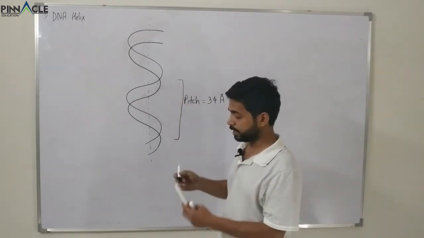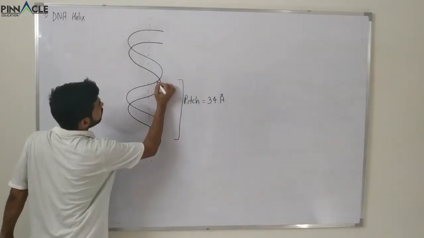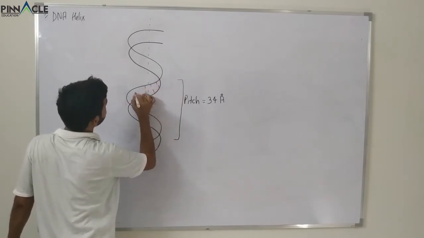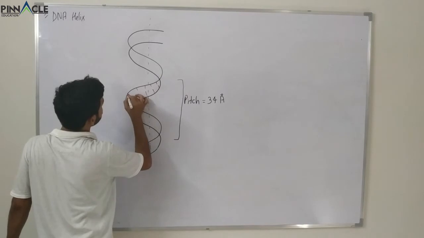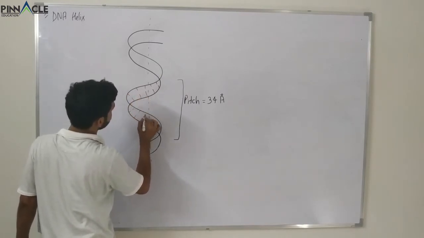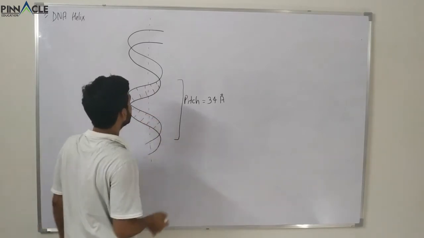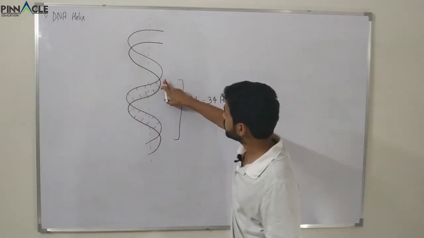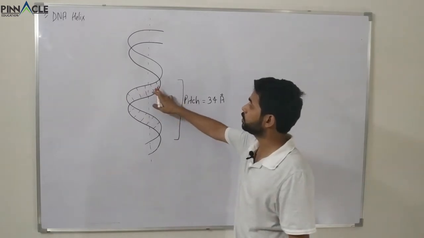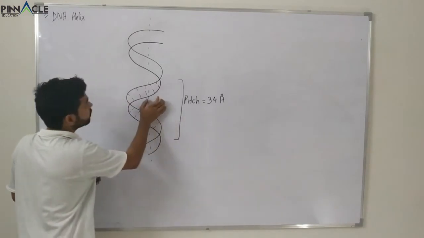In one pitch there are 10 base pairs, that is 10 nucleotides which are pairing with the other strand. So this is the normal structure.